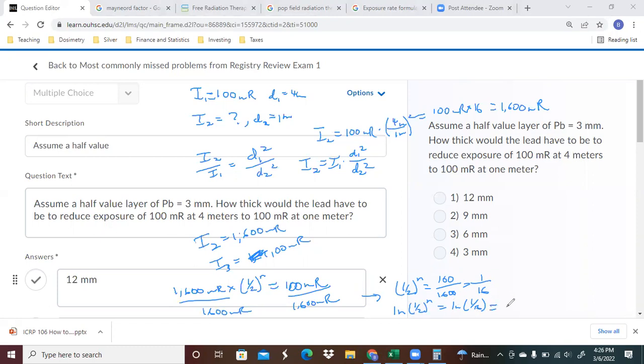And as it turns out, there's a property of logarithms in which I can move that exponent down to become a coefficient. That leaves me with n times the natural log of 1/2 is equal to the natural log of 1/16. That means that n is equal to the natural log of 1/16 divided by the natural log of 1/2.